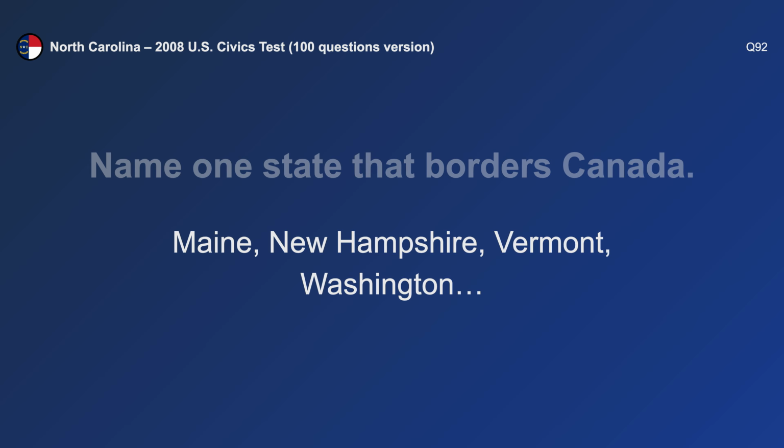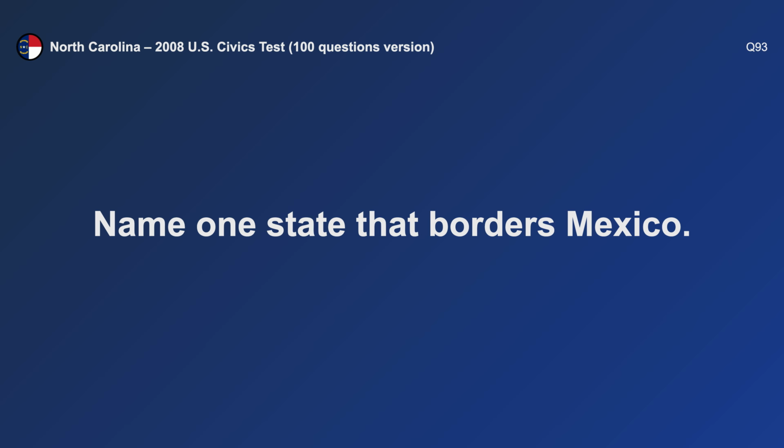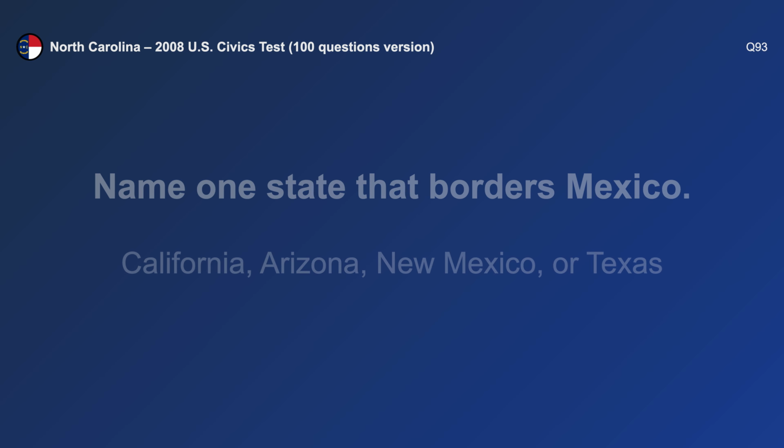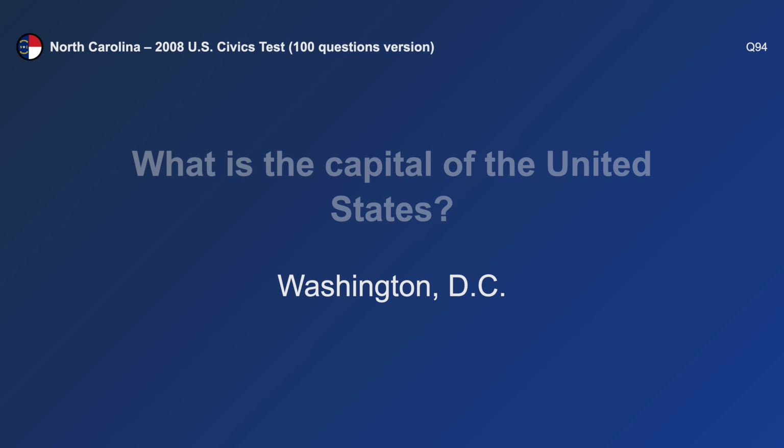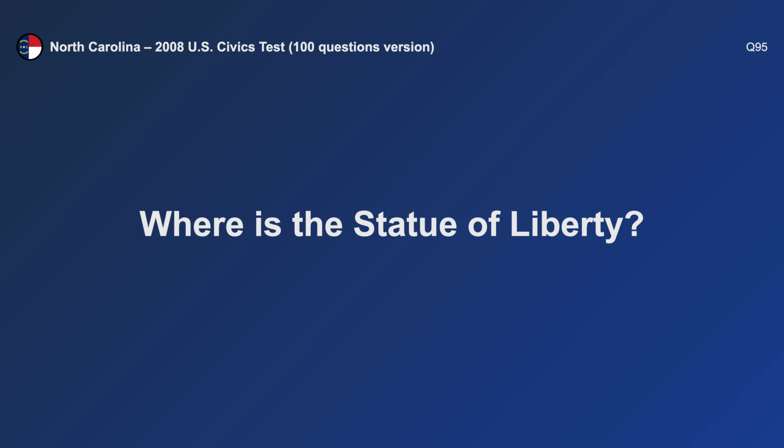Washington. Name one state that borders Mexico. California. What is the capital of the United States? Washington, D.C. Where is the Statue of Liberty? New York.